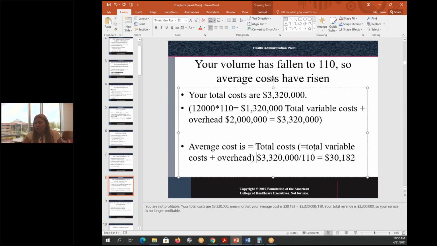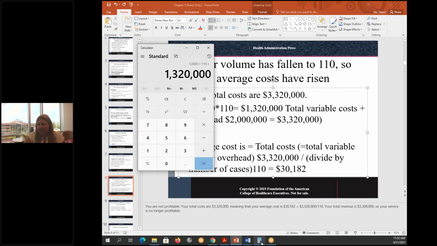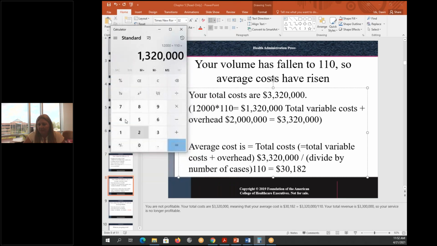So your total cost equals $3,320,000. You're going to divide it by the number of cases, which is 110. Remember, our volume fell.